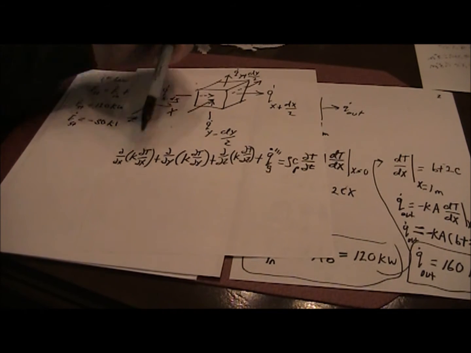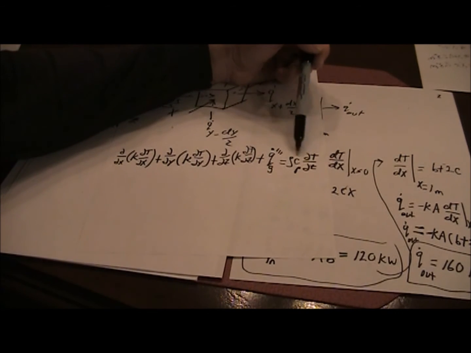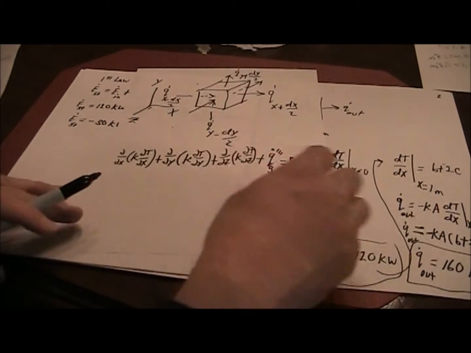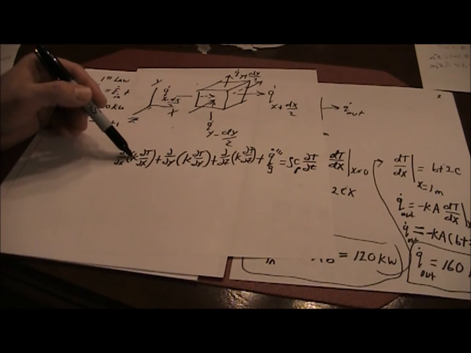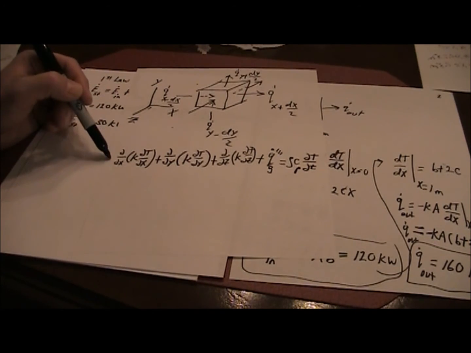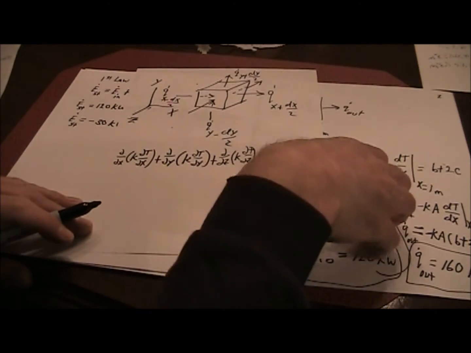The terms here in x, Q dot generated, and then over here on the right side, the change with respect to time. So let me rewrite this. By the way, the conductivity is constant, so I'm going to go ahead and pull that out of the problem. Okay.